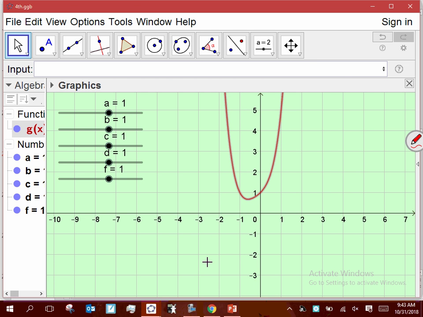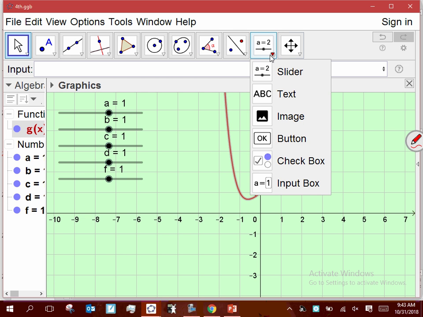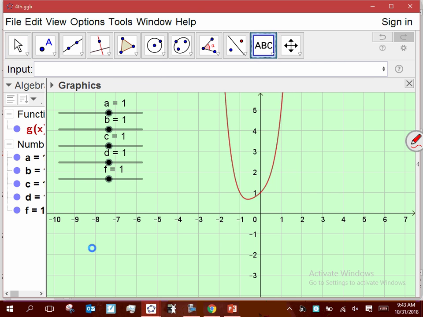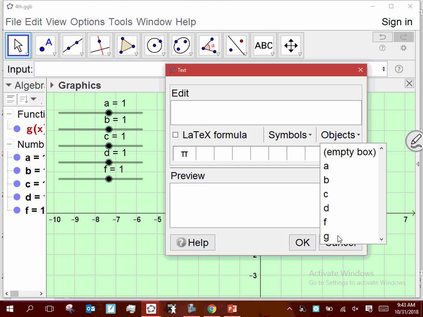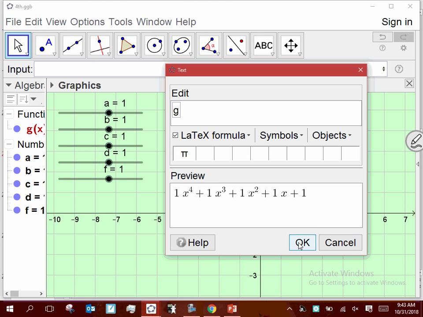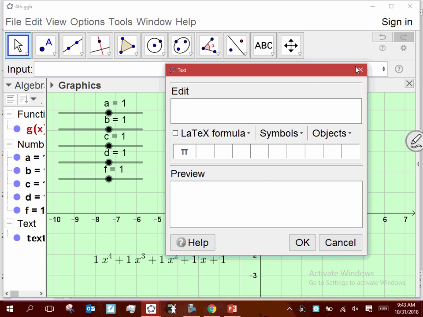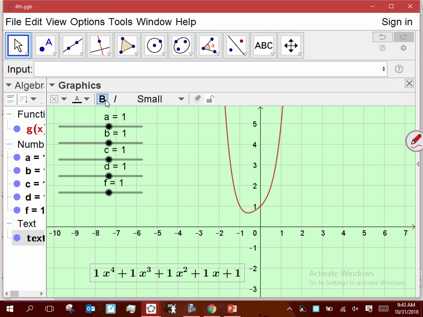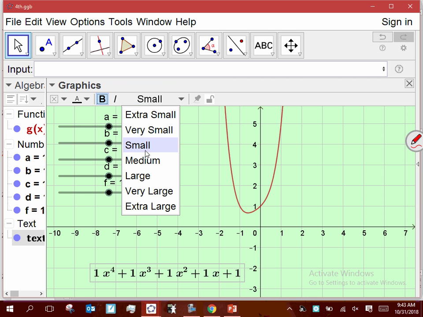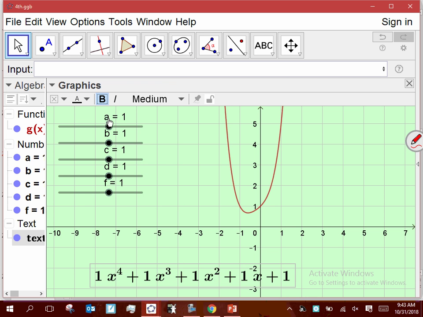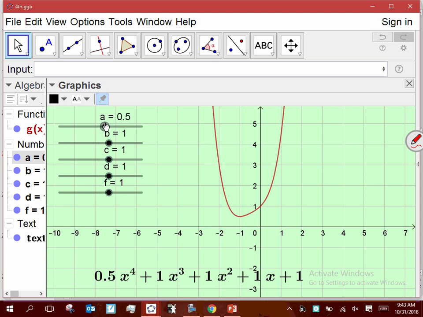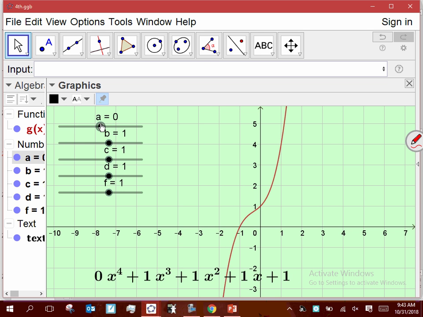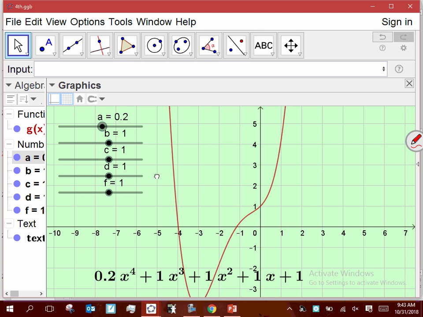So what I've just done here, and I'll show you the polynomial down here, object G. So that there is my polynomial. Okay? And these things just allow me to change the coefficients. So you see those coefficients change on there.